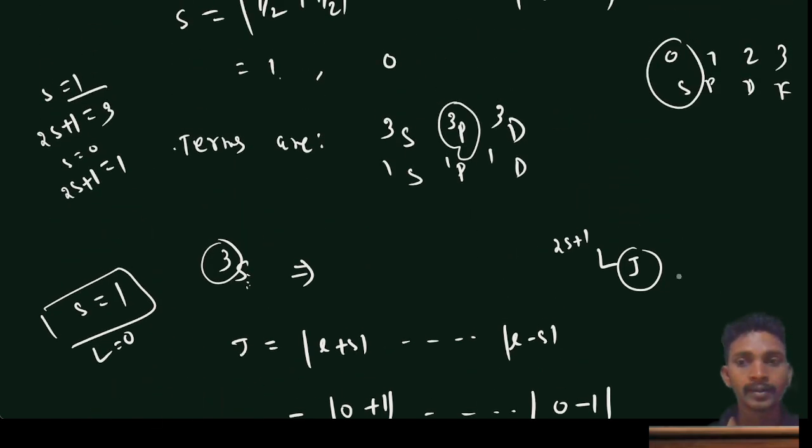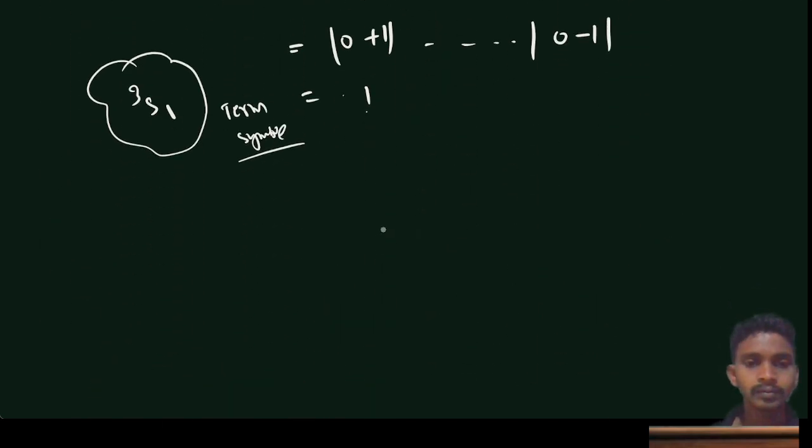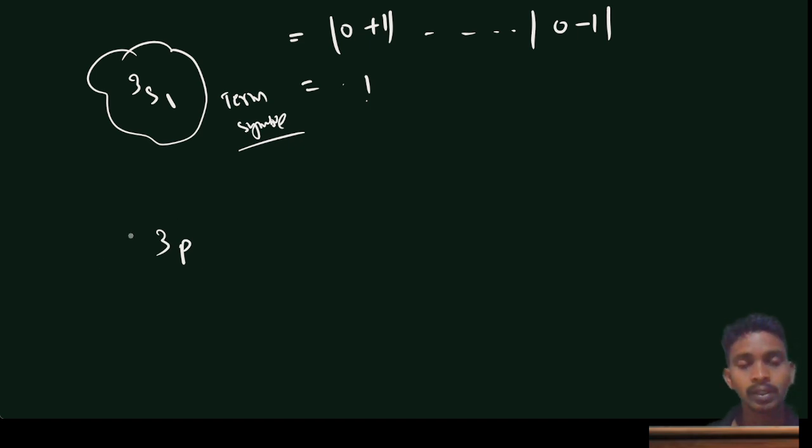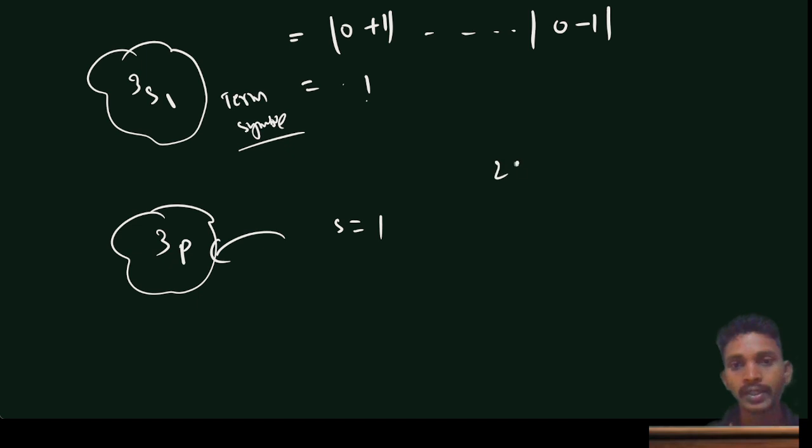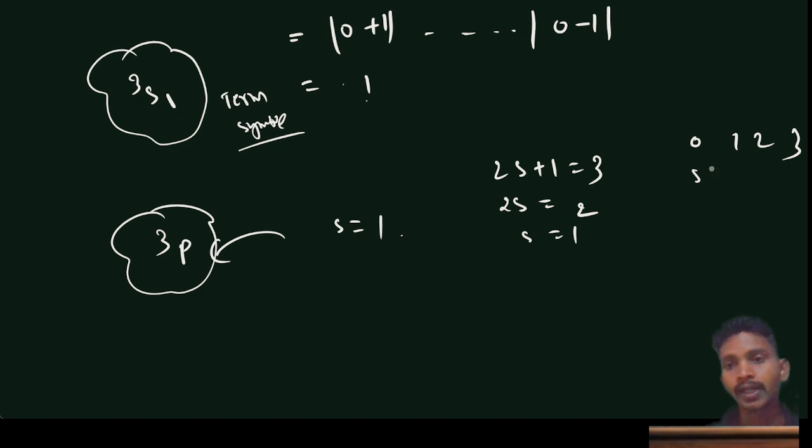Similarly, if you go for 3P, here if you want to calculate how many same-energy microstates are there, I will calculate. Here 2S plus 1 is 3, so 2S is equal to 2, so S is 1. And for P, the L value: 0, 1, 2, 3 are S, P, D, F, so P means L is 1.